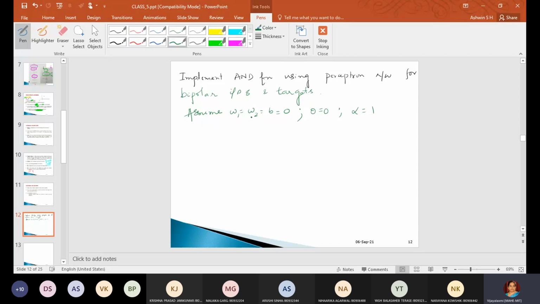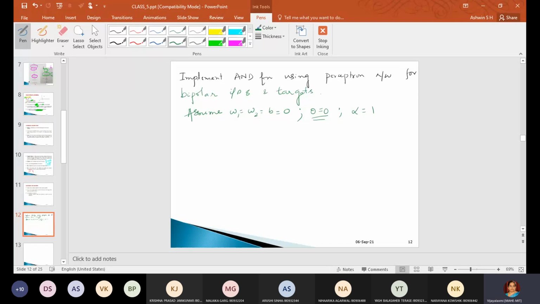You need to assume W1, W2 and B, and it is given that you start with 0 initially. The threshold value is also given. It may be given as theta equal to 0 or 0.2 or 0.51, anything can be given. The learning rate is also specified here, alpha is equal to 1. If it is not given, you can take alpha as 0.1, 0.2, 0.3.